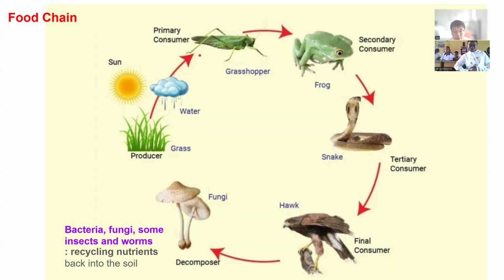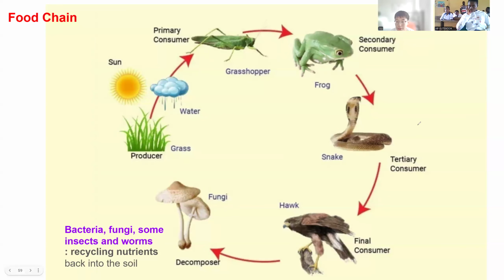If the grasshopper eats the grass, then you point an arrow from the grass to the grasshopper. And then if a frog eats the grasshopper, then you would point the arrow from grasshopper to the frog. And it doesn't have to be in a circle. It can be in a straight line.